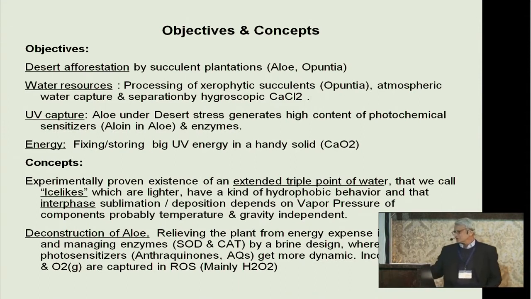The water resources for the desert are the processing of the succulents, which I am going to describe later, and the atmospheric water capture by the use of hygroscopic salts like calcium chloride. The UV capture is coming from natural aloe liquids.